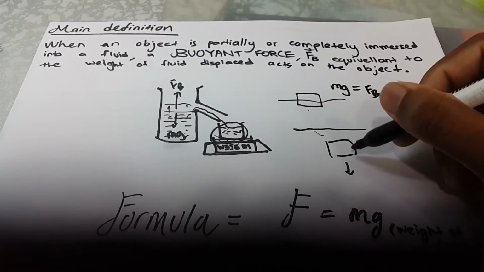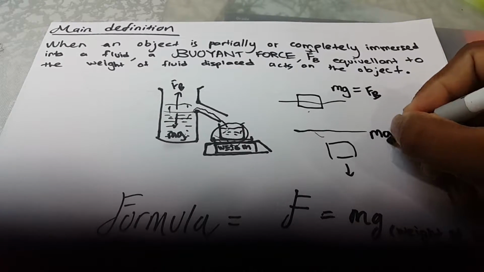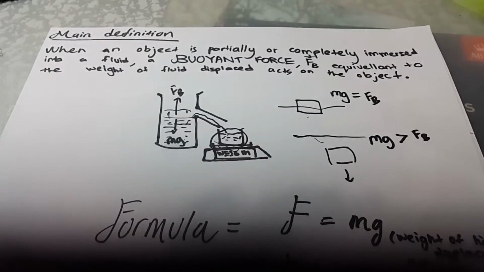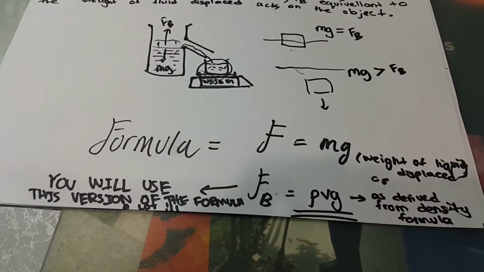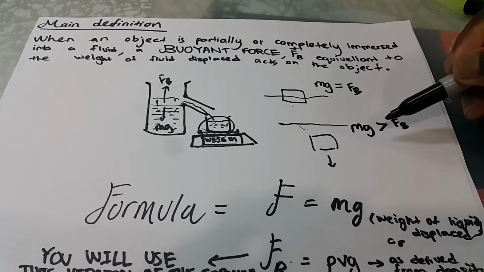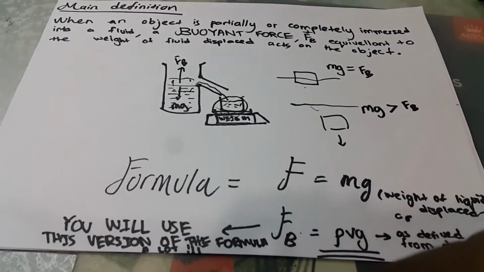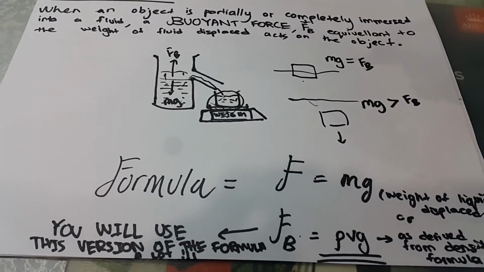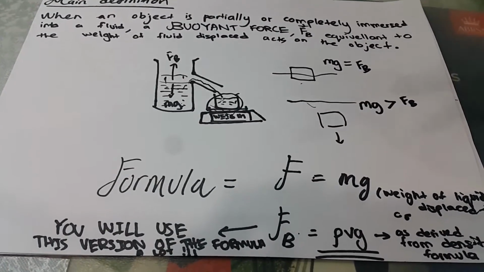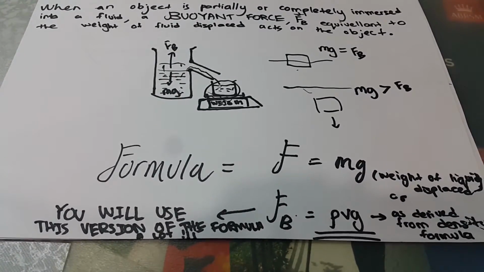When it sinks, that means its weight is more than the buoyant force. Can you guys understand that? So if the object sinks, its weight is more than its buoyant force. Technically, when an object is denser, that means it's heavier, it has a higher likelihood to sink, as it might not displace enough water.